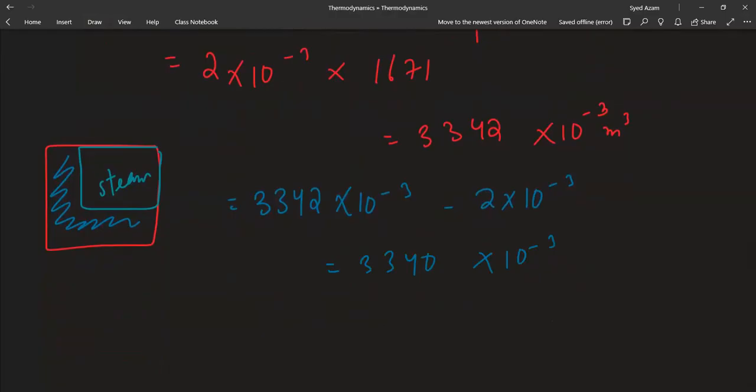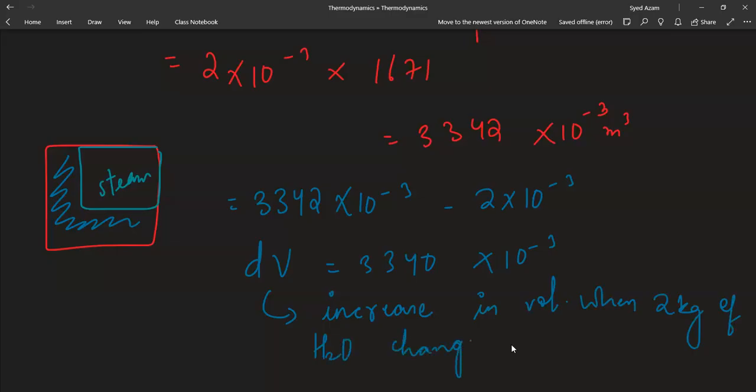What have we got? This is the increase in volume, the change in volume when 2 kg of water changes into steam.